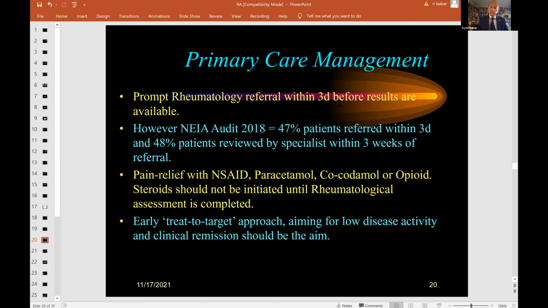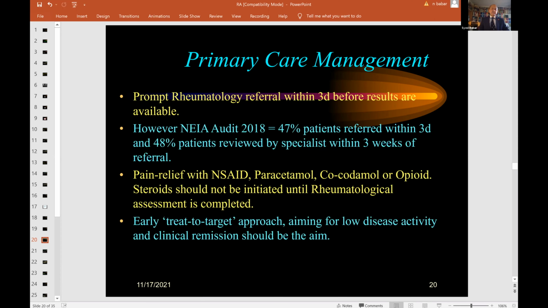That means even before the blood test results are available or x-rays are available. The entire idea is that the rheumatologist should be able to halt the progress of rheumatoid arthritis with some form of disease-modifying anti-rheumatic drugs. So there is urgency of referral on clinical grounds.